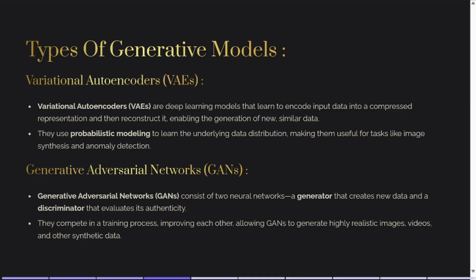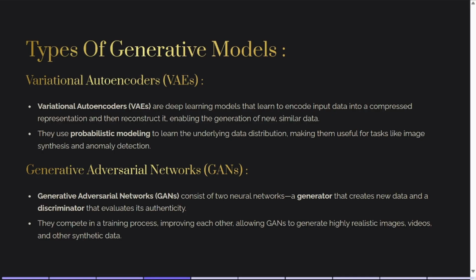This process helps the model understand the structure and distribution of data. What makes a variational autoencoder powerful is its use of probabilistic modeling, which allows it to generate new data that is similar but not identical to the input.